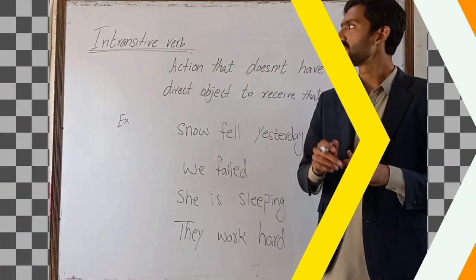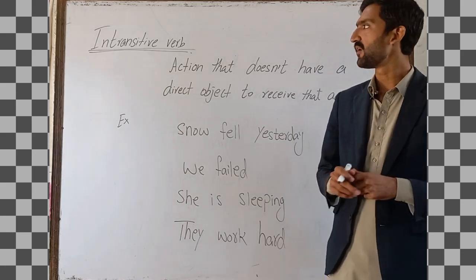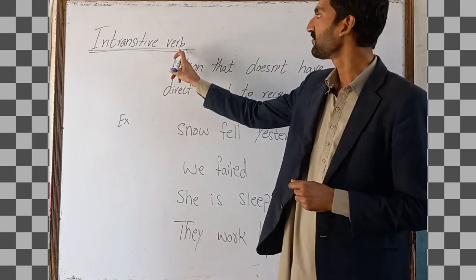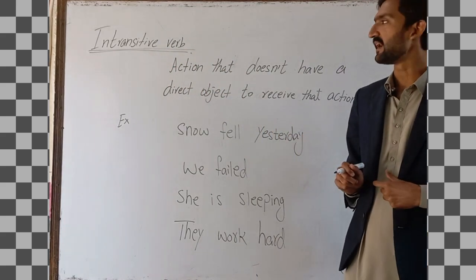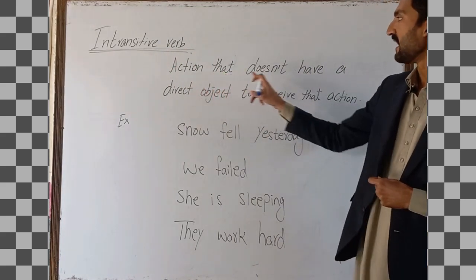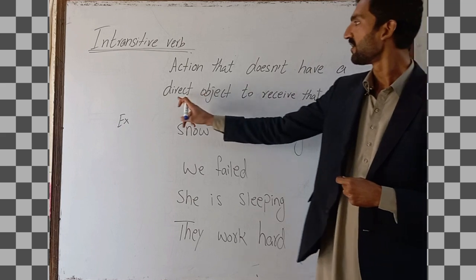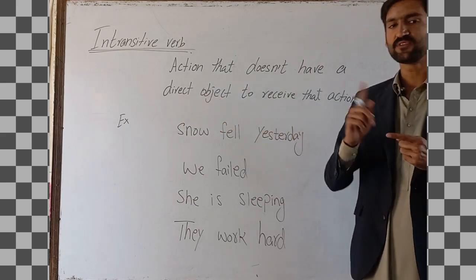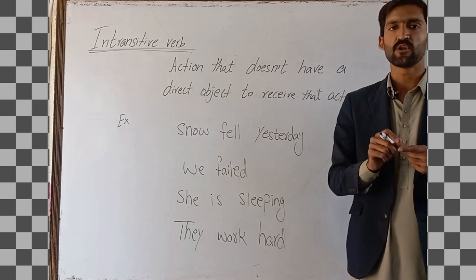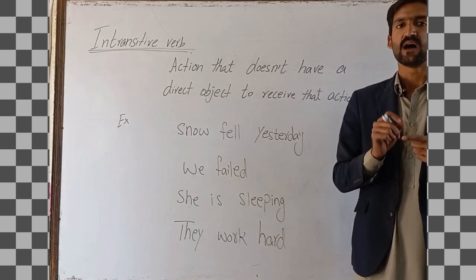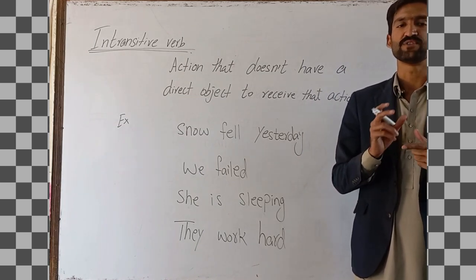So further we have another type of verb, and that is the intransitive verb. We can see that it is an action that doesn't have a direct object. In the first type of verb we see an action that is followed by a direct object as well.